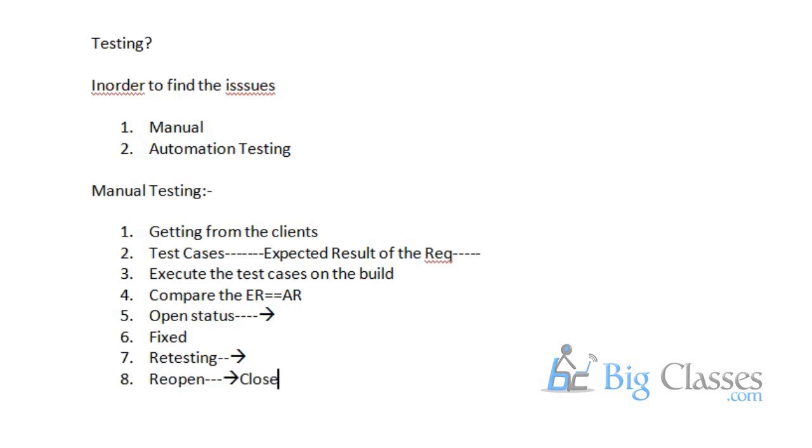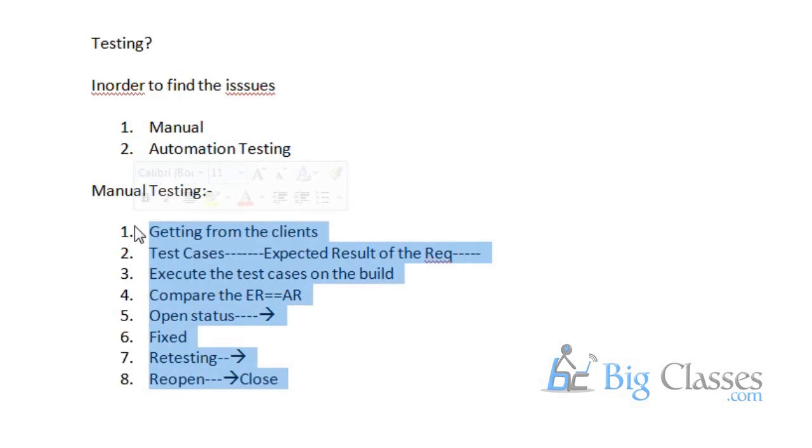So basically, these are the roles and responsibilities of a test engineer. First of all, getting the requirement from the clients. Whenever you get the requirement from the client, you need to understand the requirement functionality. If there are any gaps, you need to discuss with the high level people. If there are no gaps in the requirements, you prepare the test cases.